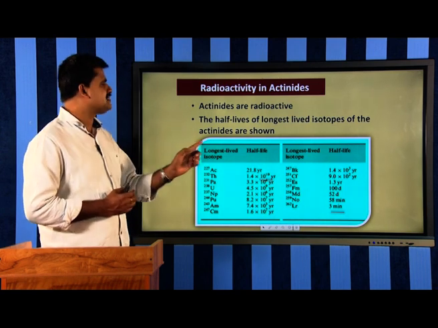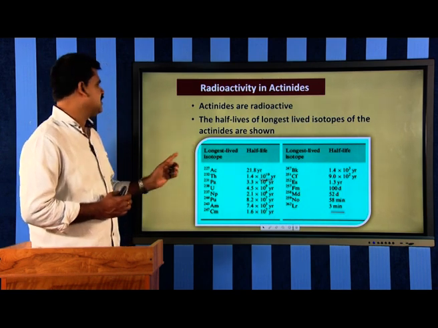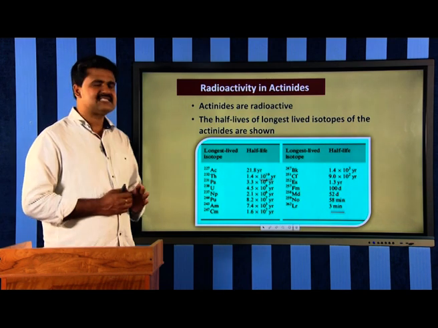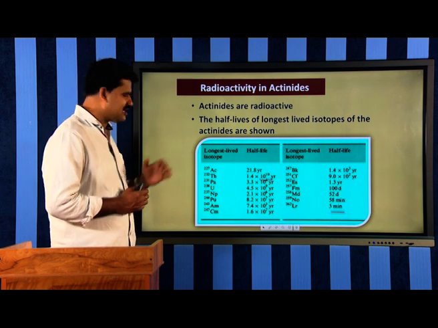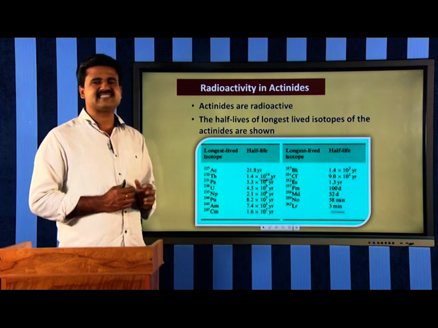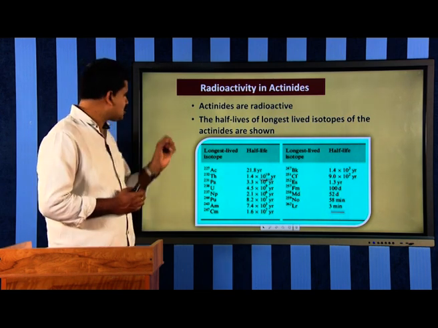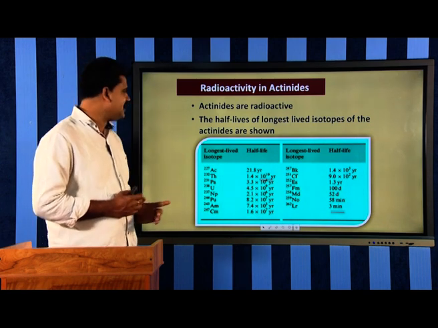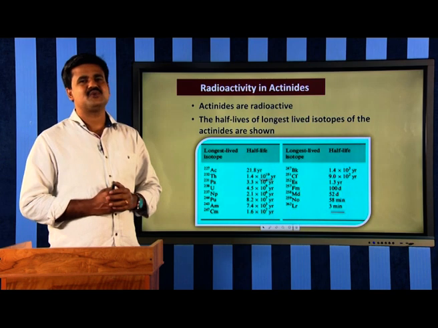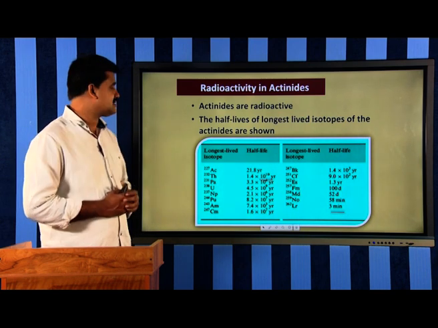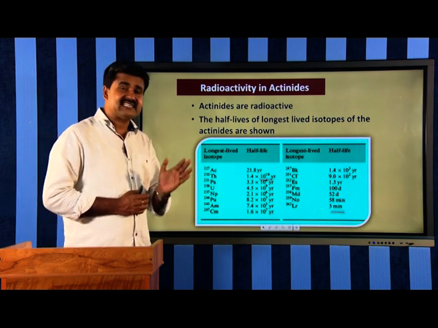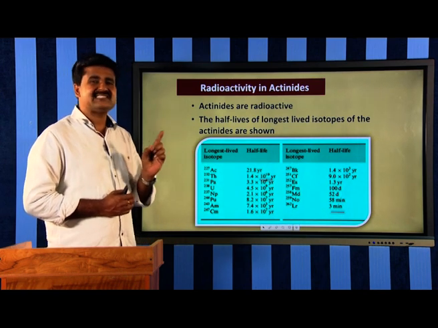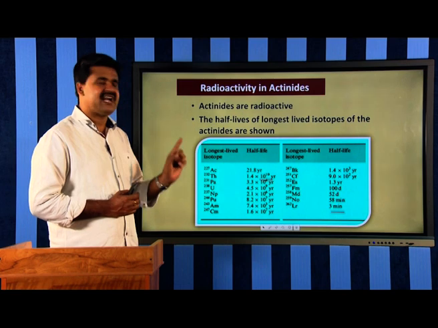From the chart it is clear that for thorium, the longest-lived isotope is thorium-232. Completely it is designated as 90 thorium 232, with a half-life of 1.4 × 10^10 years. That is the highest half-life period ever observed for an actinide isotope.